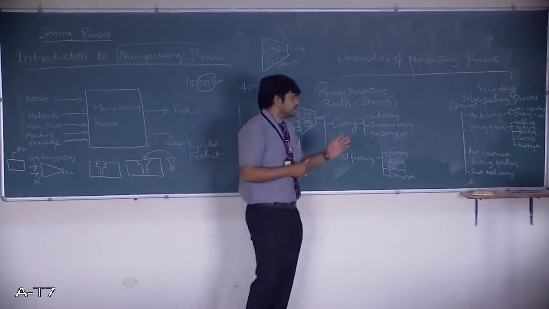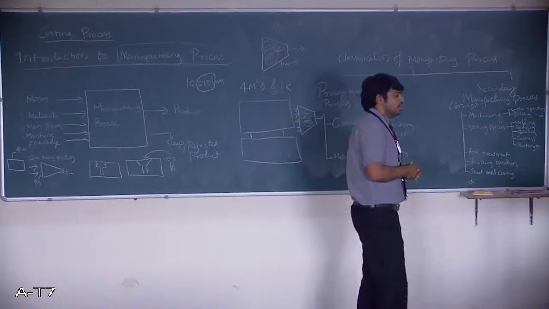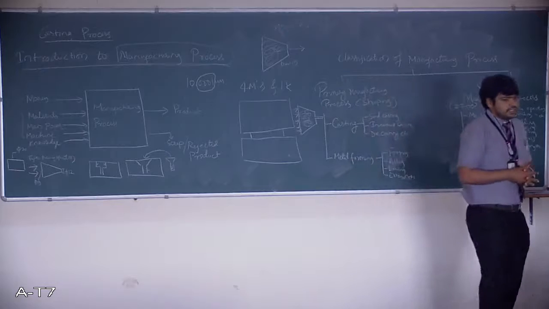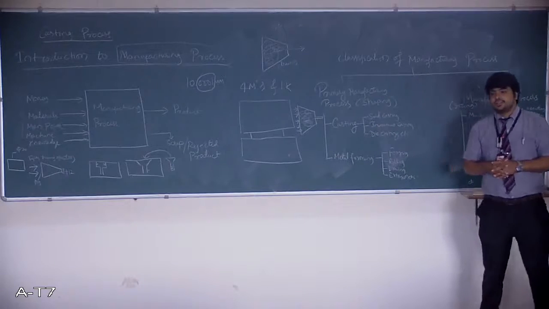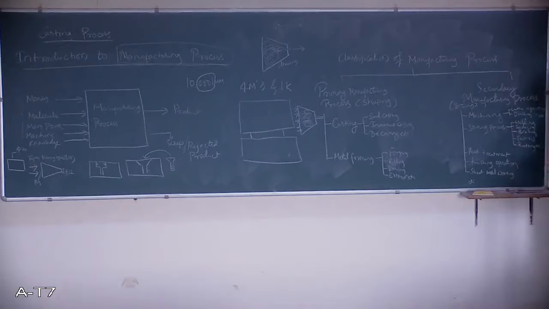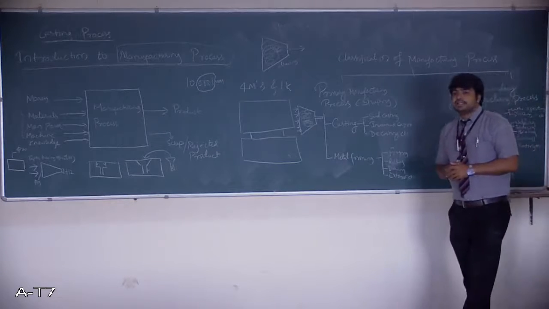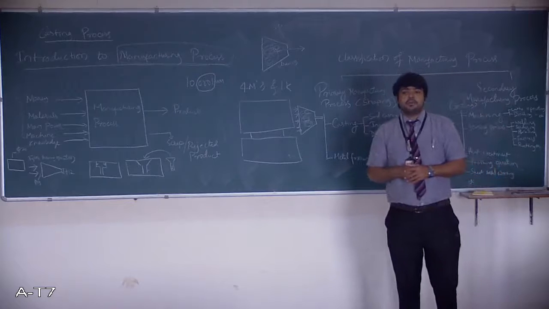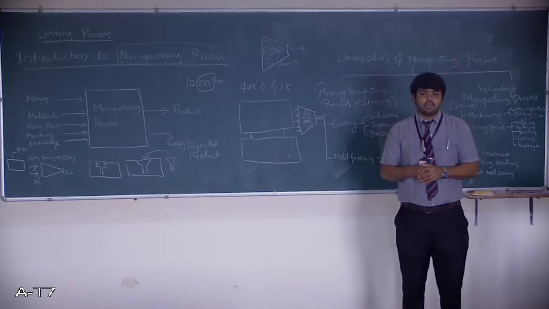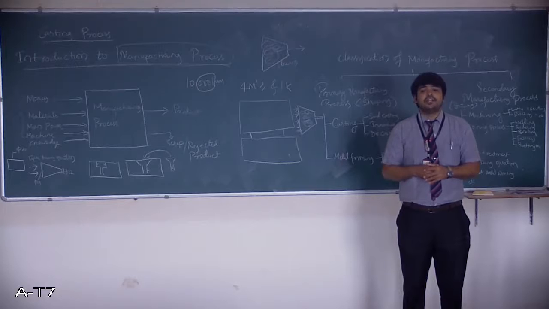Especially this is used for sheet metal works, where we are going to join the sheet metal. So that also you have done in the lab. Brazing: when we join the metals at an elevated temperature but less than the melting point of those components, then we call it brazing. Brazing is similar to welding, but the only thing is the filler metal will have a different composition from that of the workpieces.